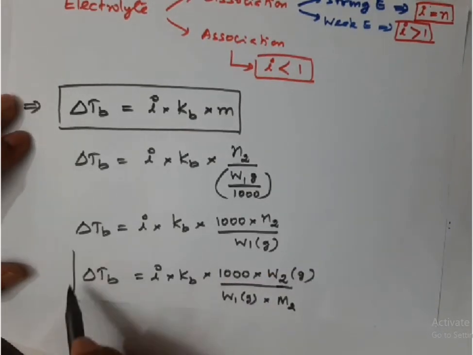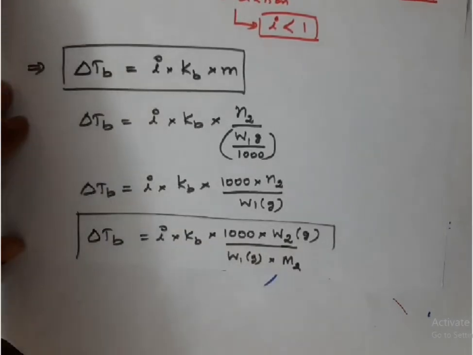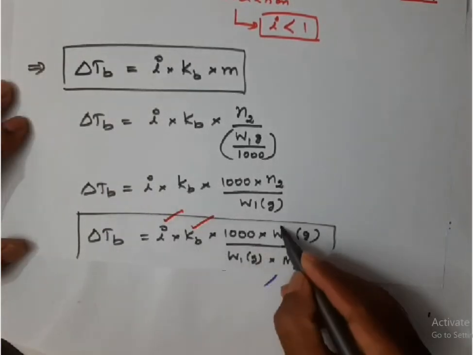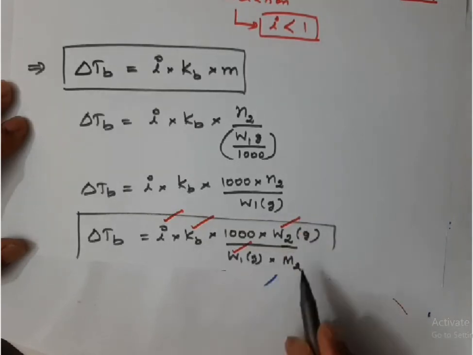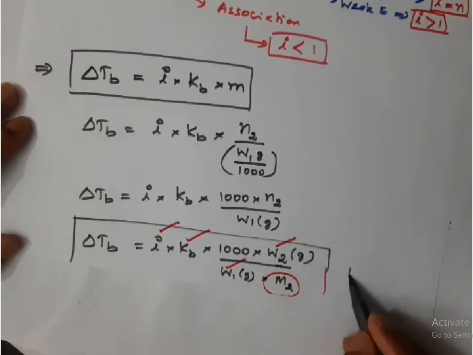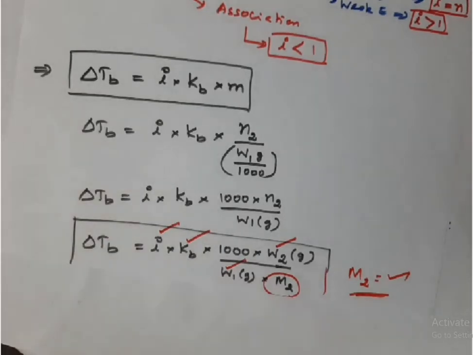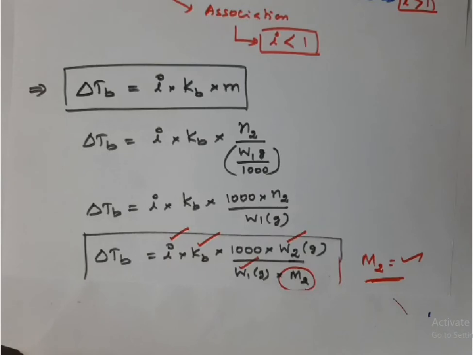And what is the use of this expression? Students, observe carefully. If you know the value of i, Kb and the weight of solute and weight of solvent, then you can determine the molecular weight of the solute. M2 of the solute can be determined by measuring the elevation of boiling point.